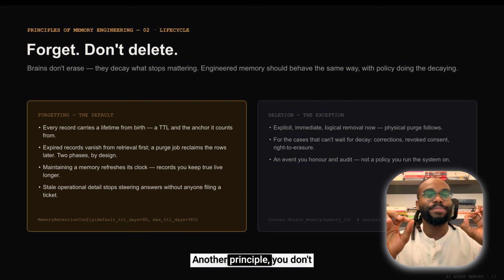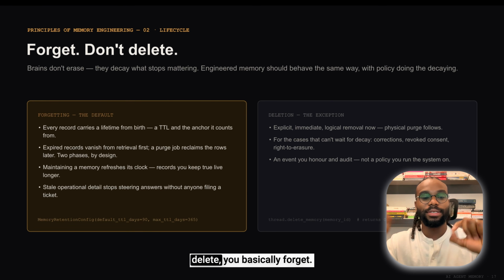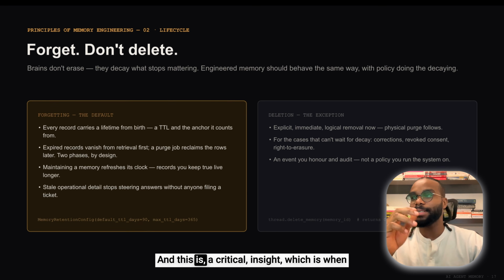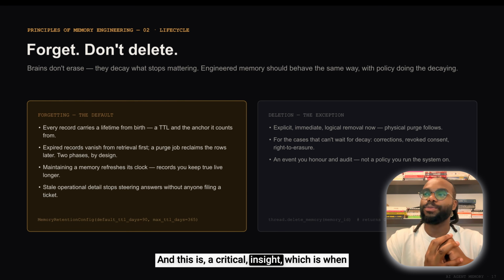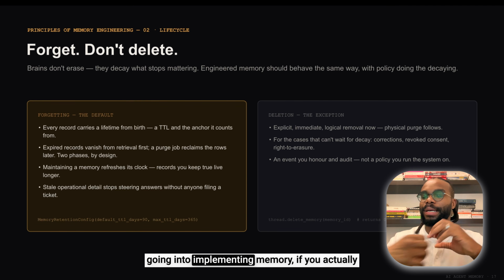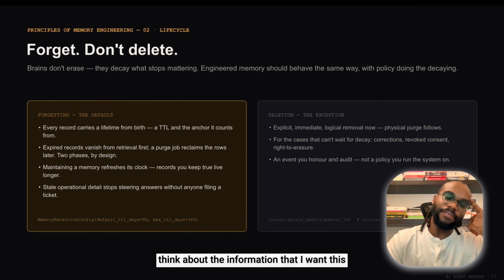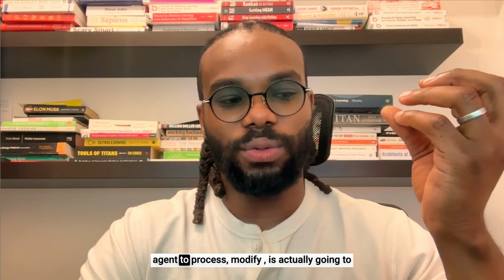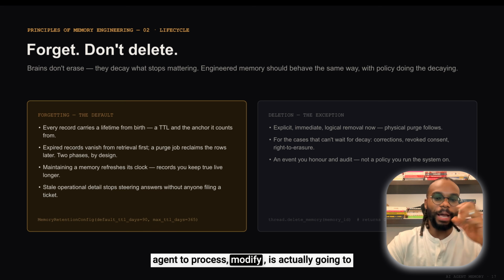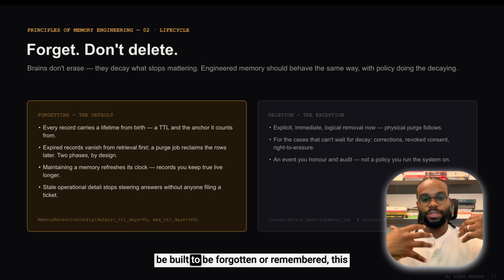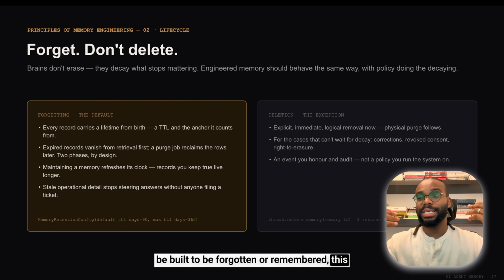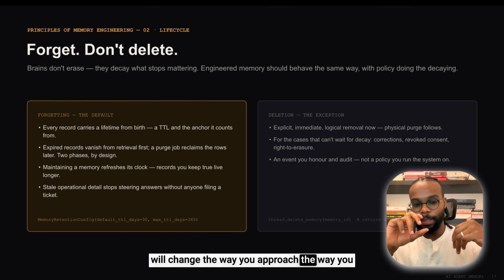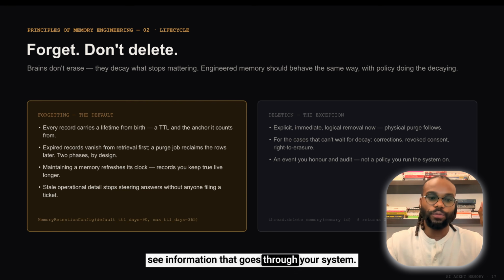Another principle: you don't delete, you basically forget. And this is a critical insight. When you're building an agentic system and implementing memory, if you think about the information that you want this agent to process and modify as being built to be forgotten or remembered, this would change the way you approach the information that goes through your system.